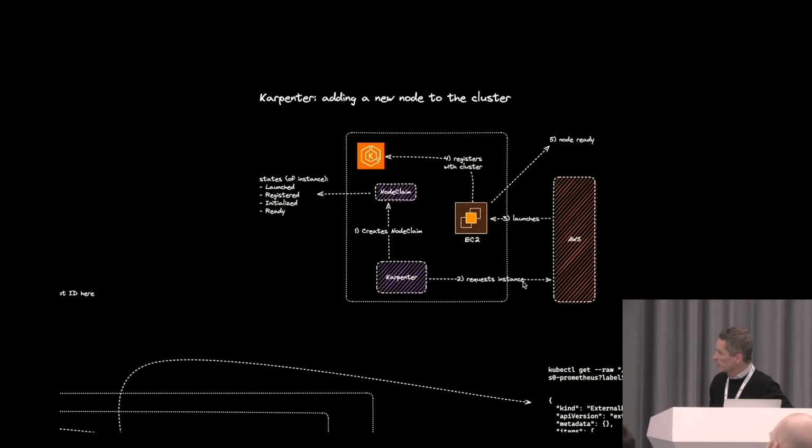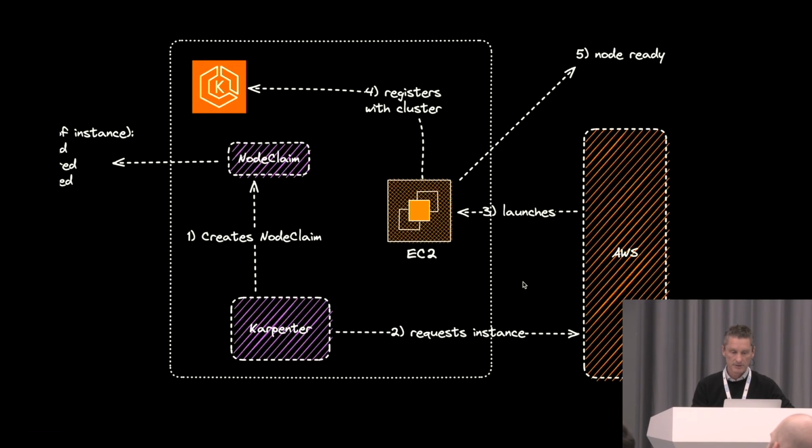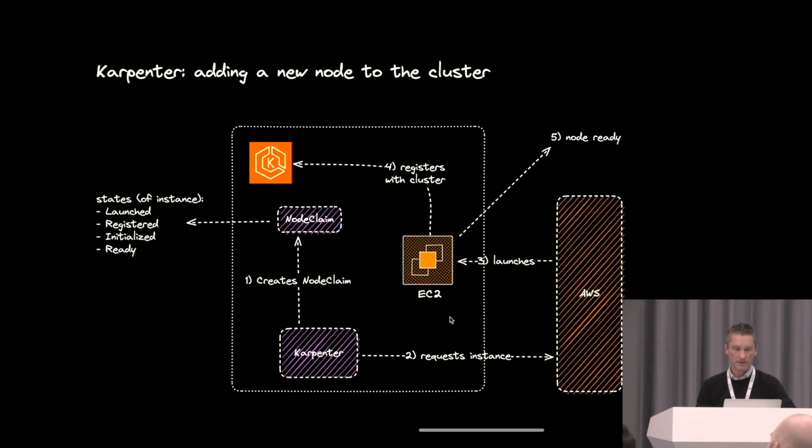So, just a couple of words on how Karpenter works from an allocation perspective. This is a simplified sequence of steps. The node claim is the custom resource that represents a request of a node.